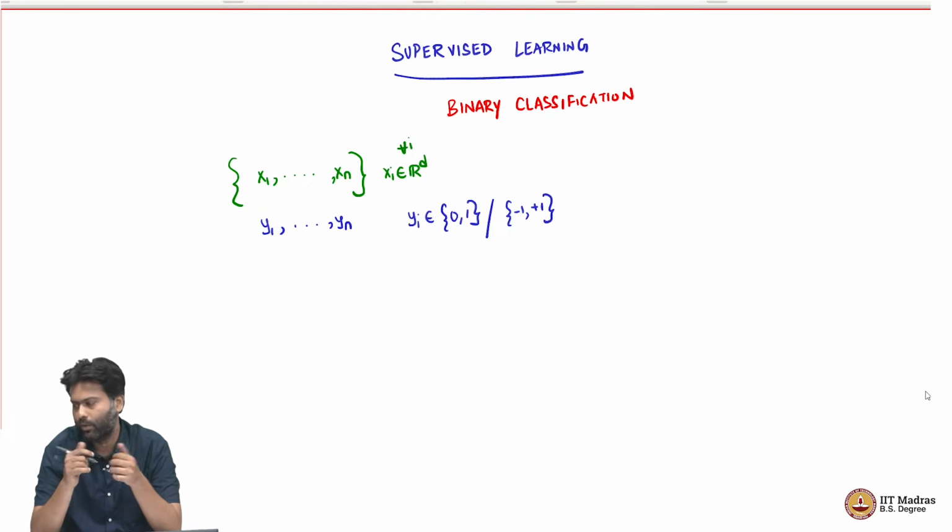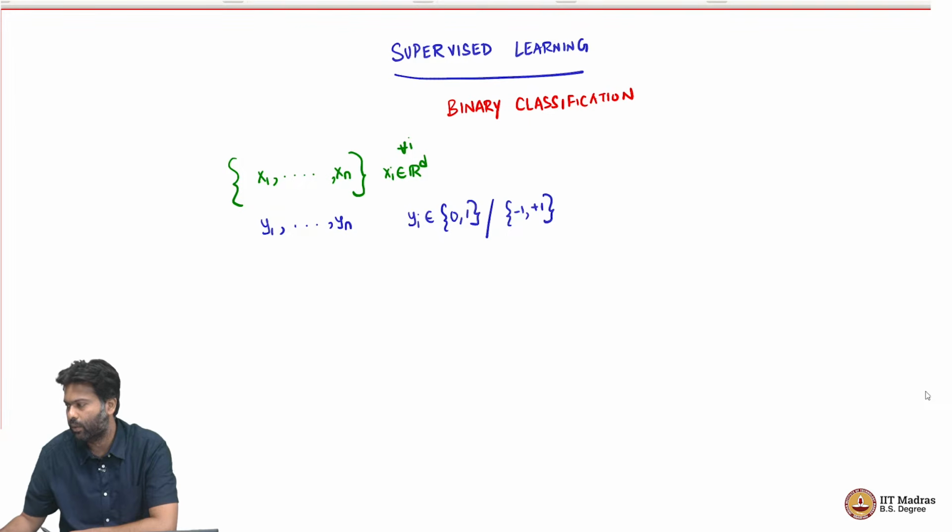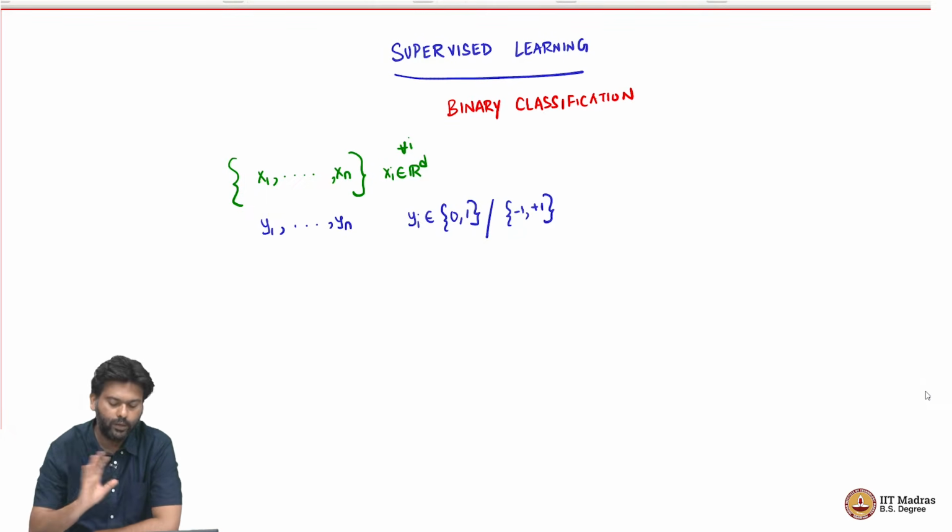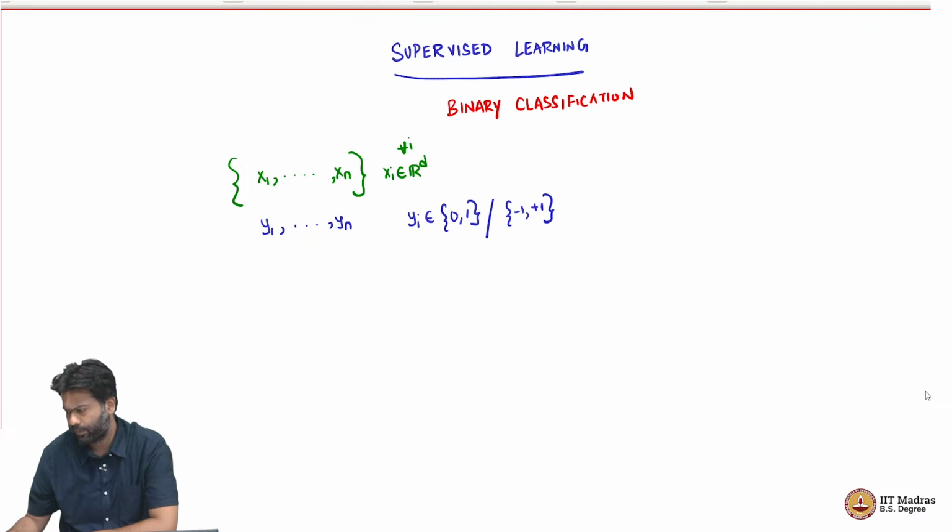For example, given an email, you want to figure out if the email is spam or not. Your classes are just spam or non-spam, and without loss of generality, spam can be 0 and non-spam 1, or spam 1 and non-spam 0, or spam 1 and non-spam -1. The main point is that there are two classes, and hence it's called binary classification.